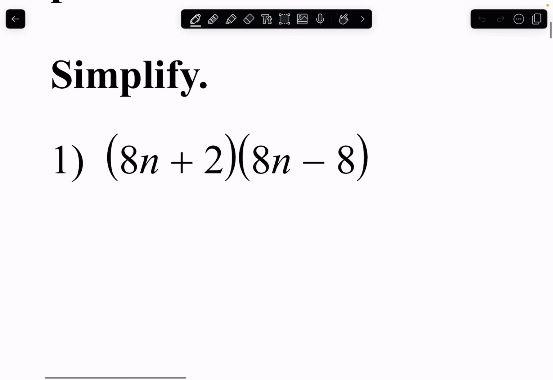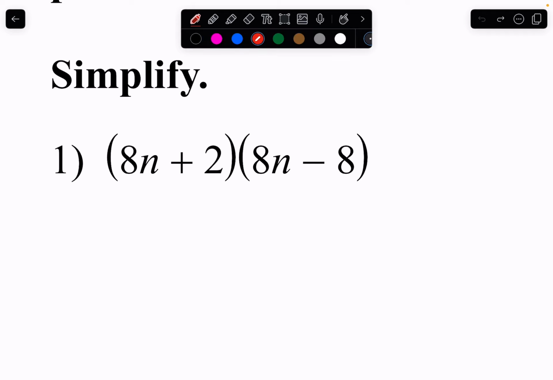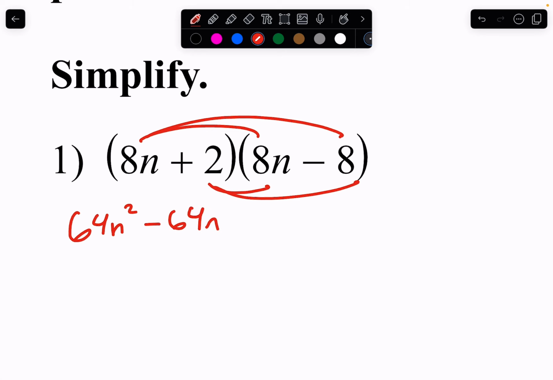If you look here, right? These polynomials are right next to each other, so that tells you that you're going to be multiplying. In this case, we're going to have to distribute twice. So we distribute the 8n, which gives me 64n squared. And then I get negative 64n. Distribute this, I get minus 16n and minus 16.